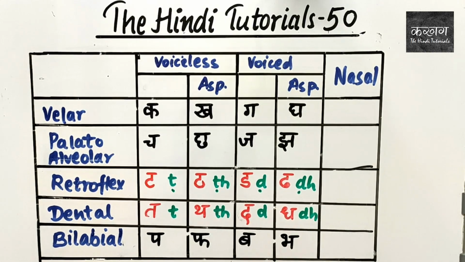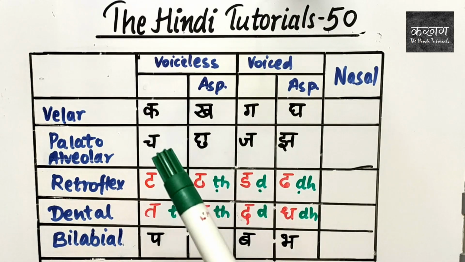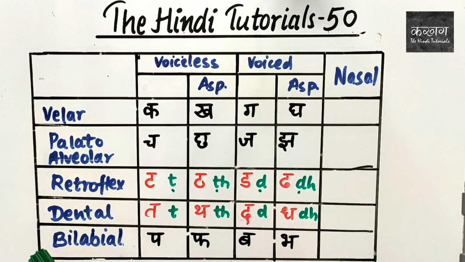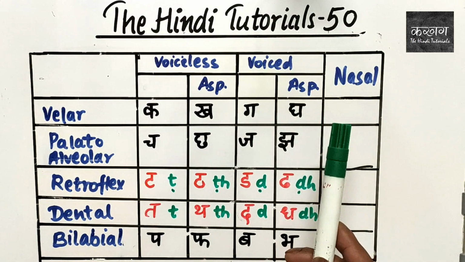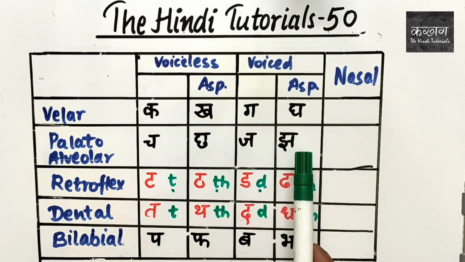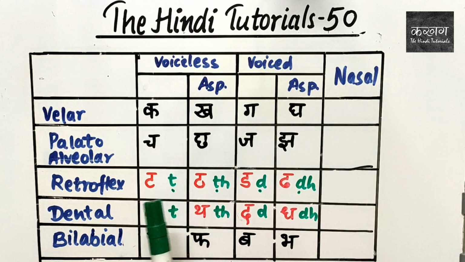In Hindi, the plosive consonants are divided into groups based on the position of contact of the tongue. They are pronounced the K group K Kh G Gh, the Ch group Ch Chh J Jh, the T group T Th D Dh, the T group T Th D Dh, and the P group P Ph B Bh.